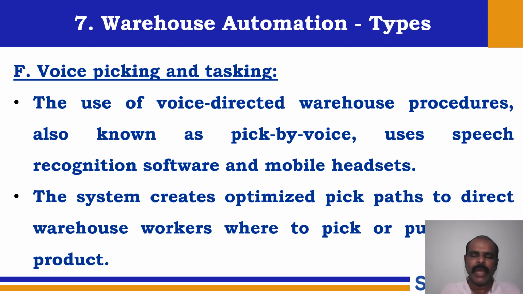Rather than going and typing the product name, which might be quite long, or in some cases where humans are again prone to errors, here voice tasking is all by means of voice commands. The only thing is we need very good headphones which are sensitive enough to capture the voice commands in a very precise way. The system itself is capable of picking up all these things based on the input the user has given, and it selects the optimized path to ensure smooth transit within the warehouse.